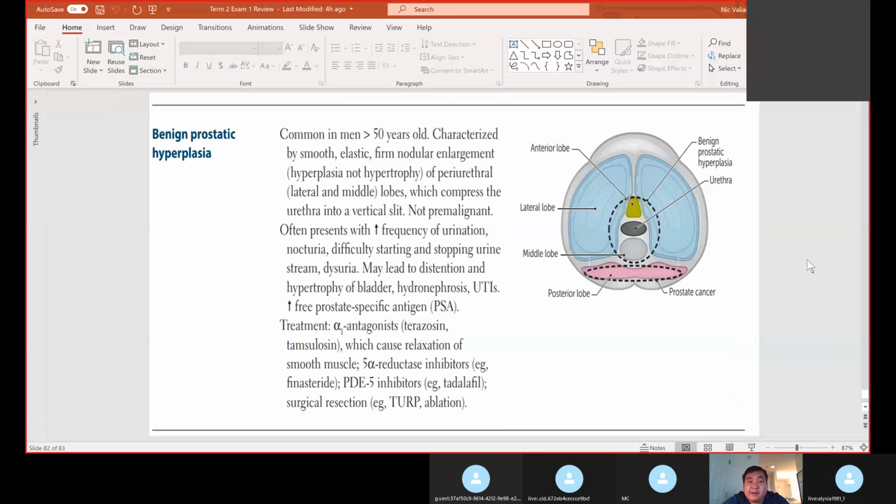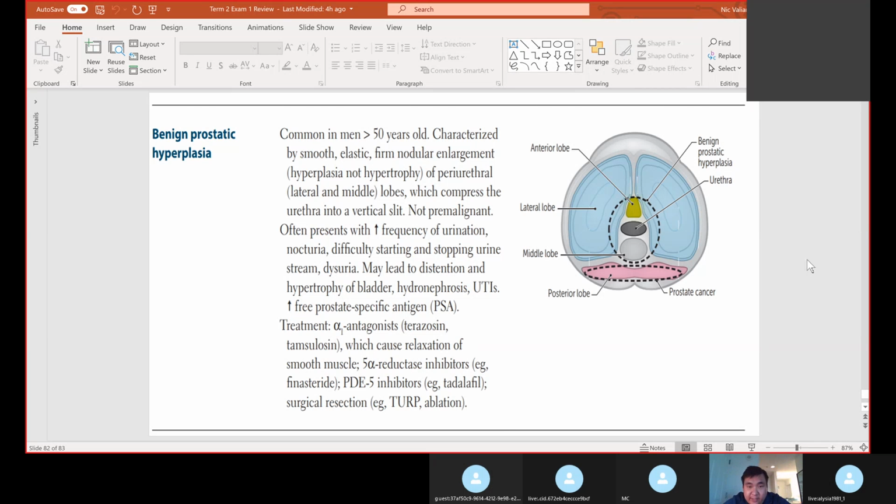BPH, another high yield. So you have hyperplasia of what lobe? Periurethral lobes, or the lateral and middle lobes. So you have hyperplasia of the lateral and the middle lobes. Functional anatomy, you can say periurethral zone, which compresses your urethra into a vertical slit.